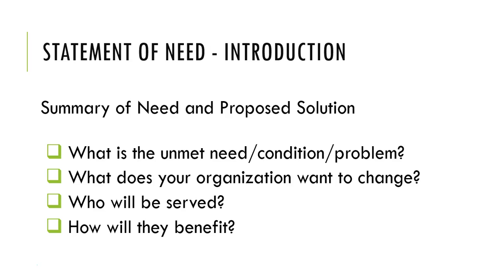Who will be served and how will they benefit? Who specifically is the target population of this program and how specifically will they benefit? You want to be as specific as possible, keeping in mind the relationship between the unmet need, what your organization wants to address about that, who they target in order to promote that change, and what the expected benefit of participating in this program will be.